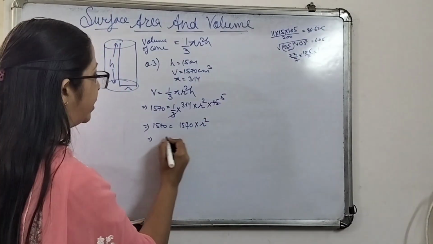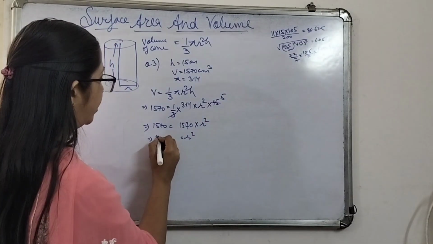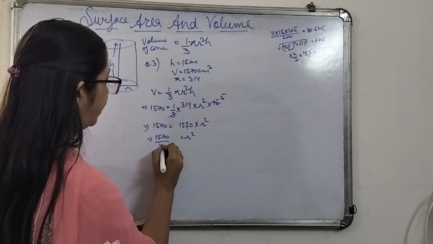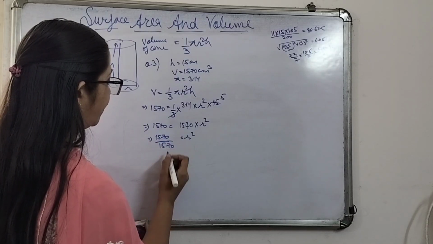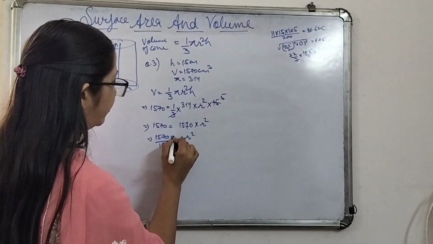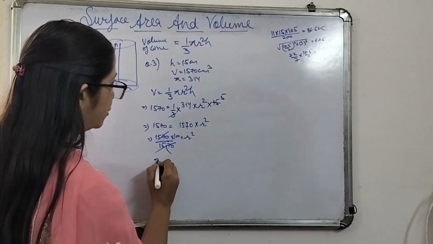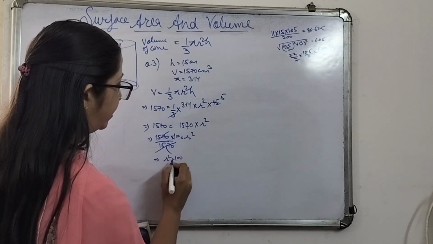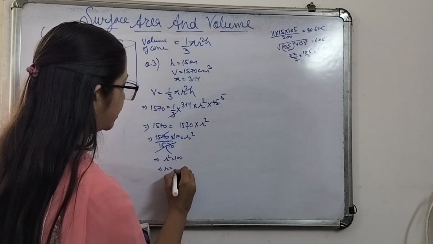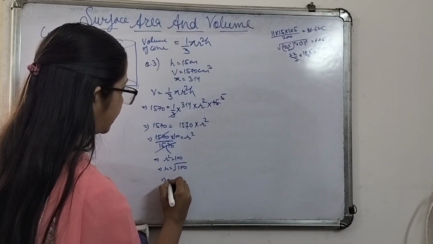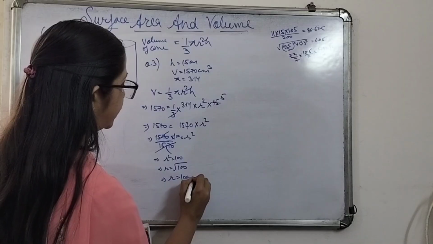So what will the value of r square be? It will be 1570 divided by 15.70. If I remove the decimal, 100 will come in the numerator and 1570 cancelled. So the value of r square is 100 and the value of r will be the square root of 100, or we can say the value of r is 10 centimeter.